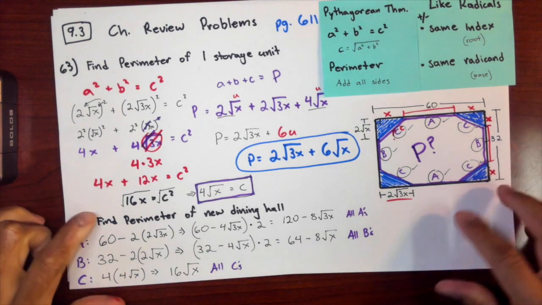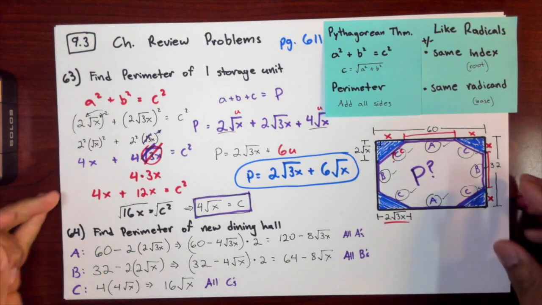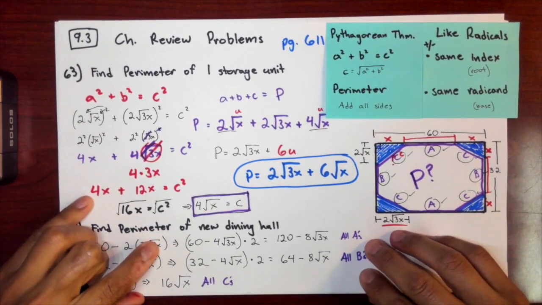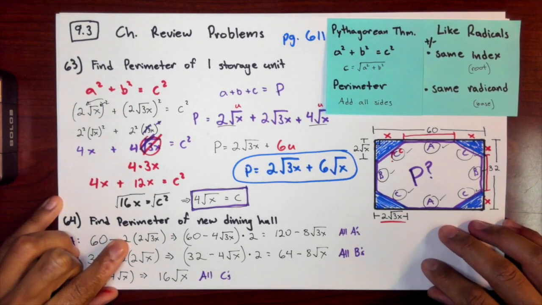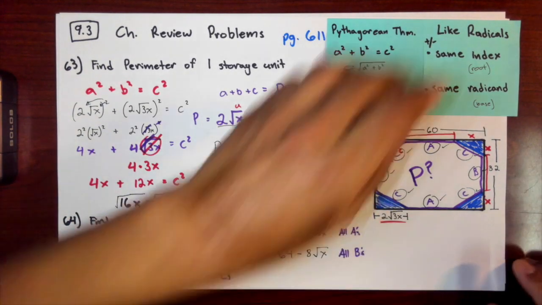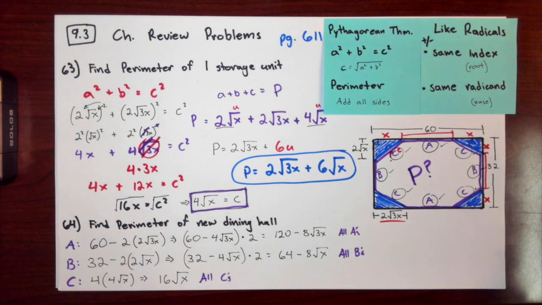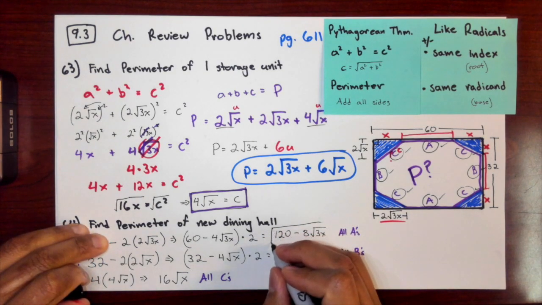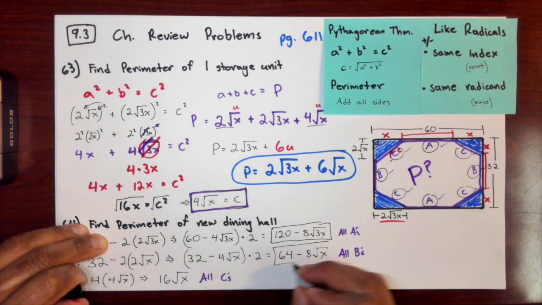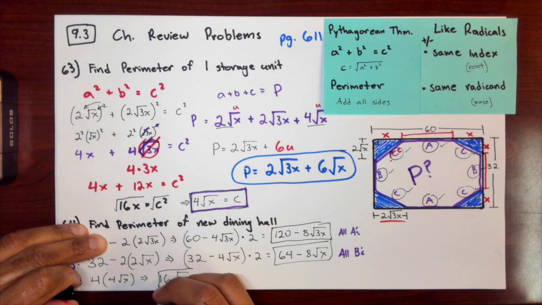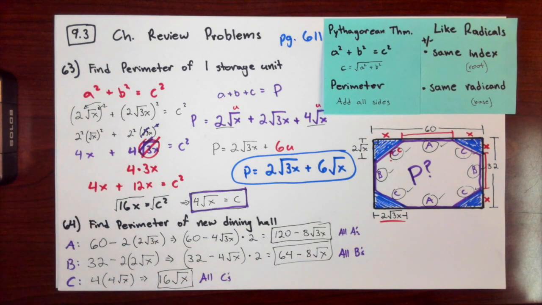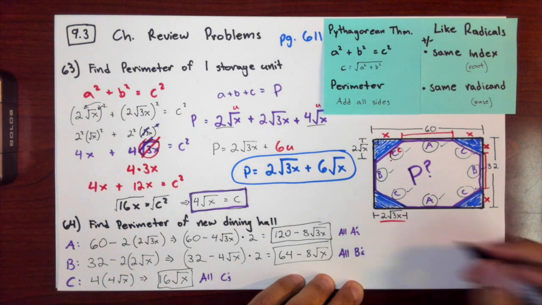Now, how do we find perimeter? You have to add all of the sides together. So let's go ahead and do that. Let's add all of the sides together. Okay? So to add all of the sides together, we're literally just going to set it up in an addition problem. Okay, so I have this one right here. That's my A, then my B's, and then right here. Let's add all of those together. Let's do it right here. We're running out of room, but it's okay.